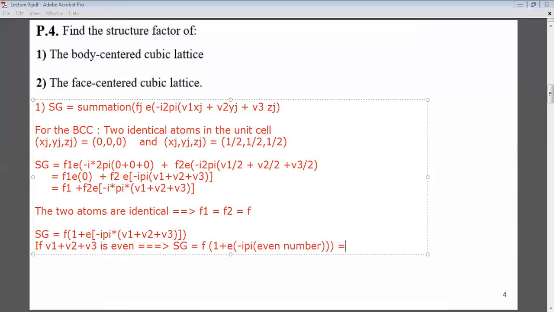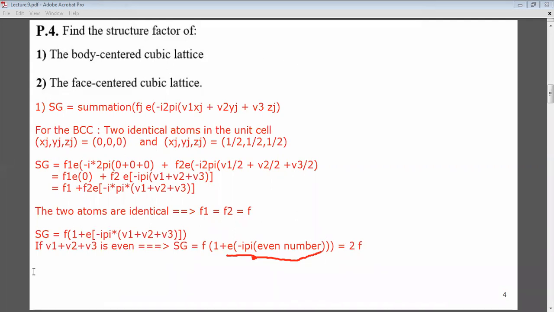Exponential of minus I pi times an even number is 1, so this will give me 2F. Why is this? Because e to the minus I pi times an even number, 2 or 4 or 6, gives me 1. So 1 plus 1 will be 2.